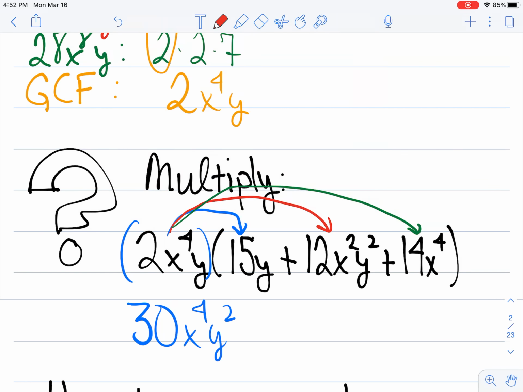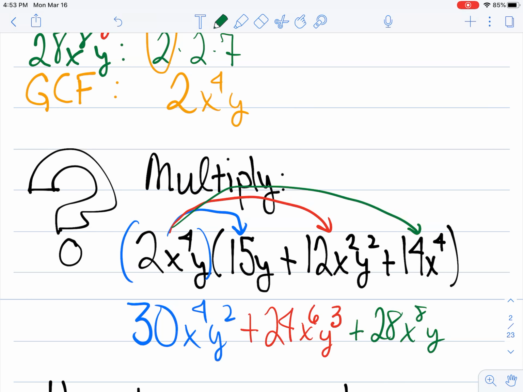And so 2x to the fourth y times 12x squared y squared becomes plus 24x to the sixth y to the third. And then 2x to the fourth y times 14x to the fourth becomes plus 28x to the eighth y.